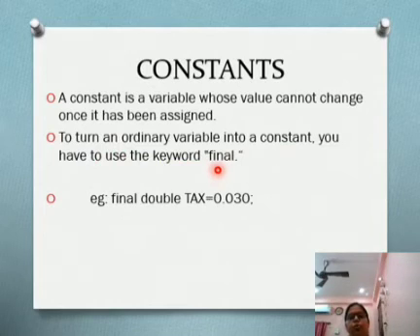If we do not want to change any value in our program, then we first write final, double. Final is your keyword, which does not allow the variable to change. Double is your data type, text is your variable, and this is your constant, which will not be changed during the execution of the program.